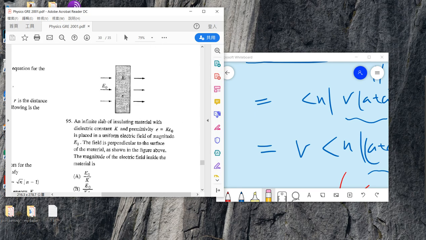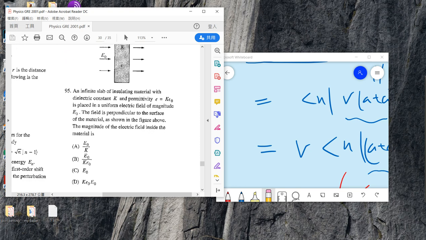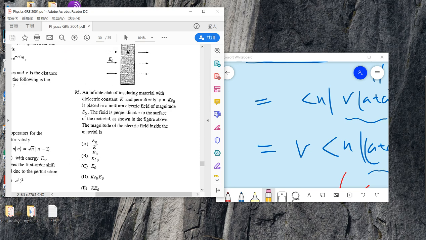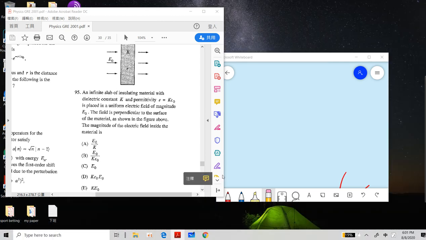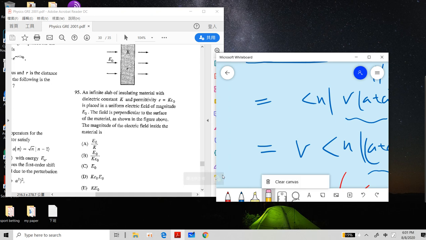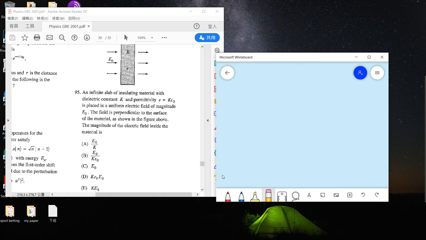Okay, so 95. Some electric field penetrates in, and asks about what? The electric field inside the material. Okay, so let me remind you guys, D is continuous, right?